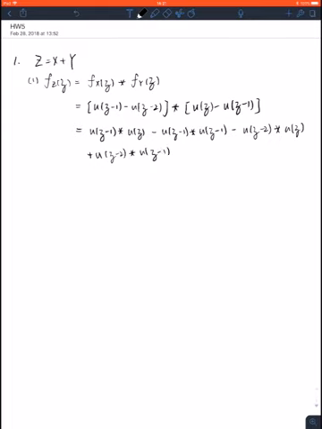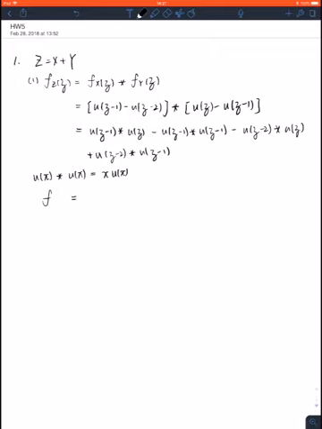When it comes to the convolution of the step function, we already know that the step function u(x) convolved with itself should be x times u(x). So in this case, we also have an LTI system, and we can apply the shift property.